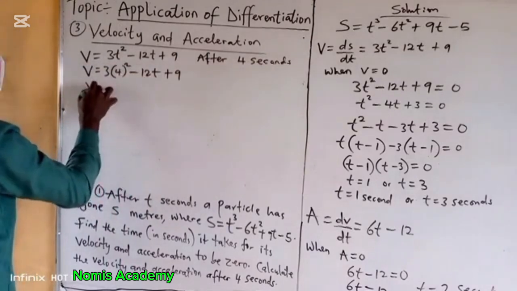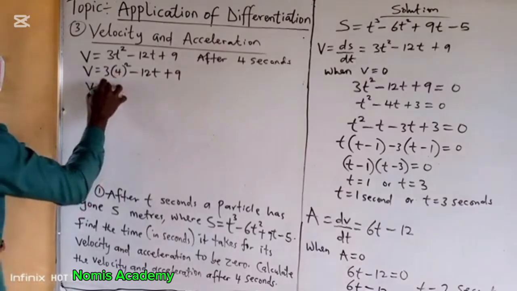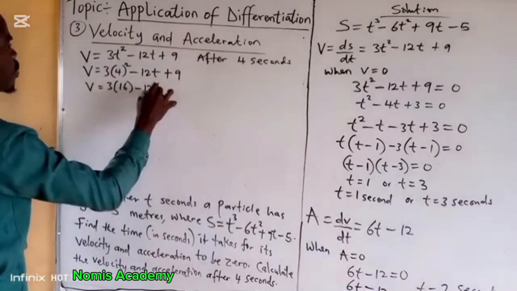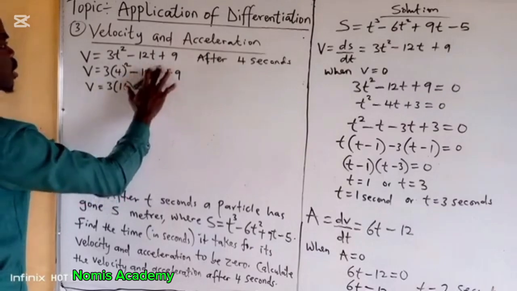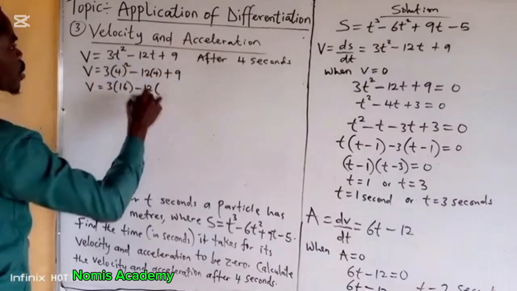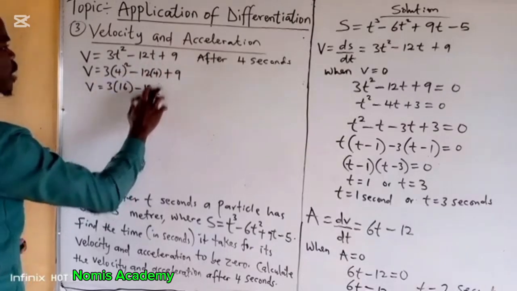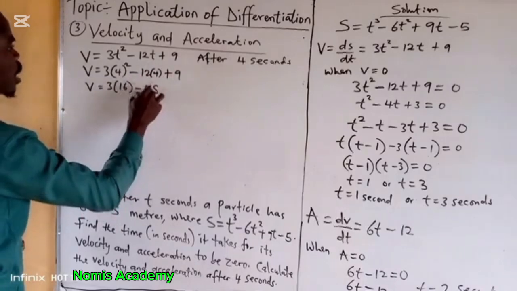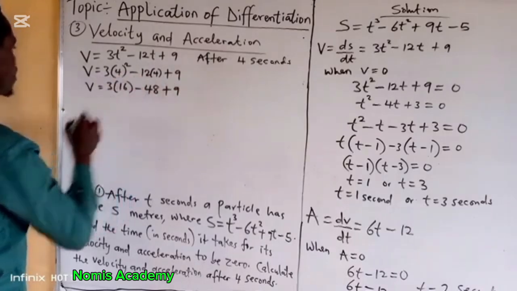So we have v equal to 3 times 16 minus 12 times 4, 12 times 4 is 48, plus 9.